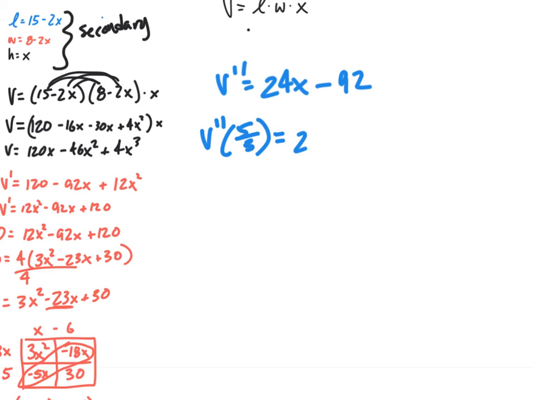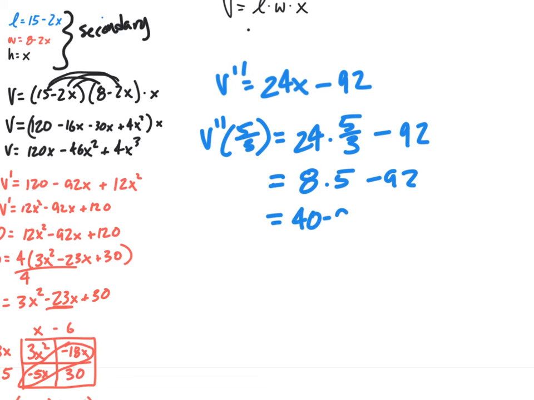So we end up getting 24 times 5/3 minus 92. Okay, so 24 divided by 3 is 8, so we get 8 times 5 minus 92. Okay, and so we get 40 minus 92, which is going to give us negative 52, right?